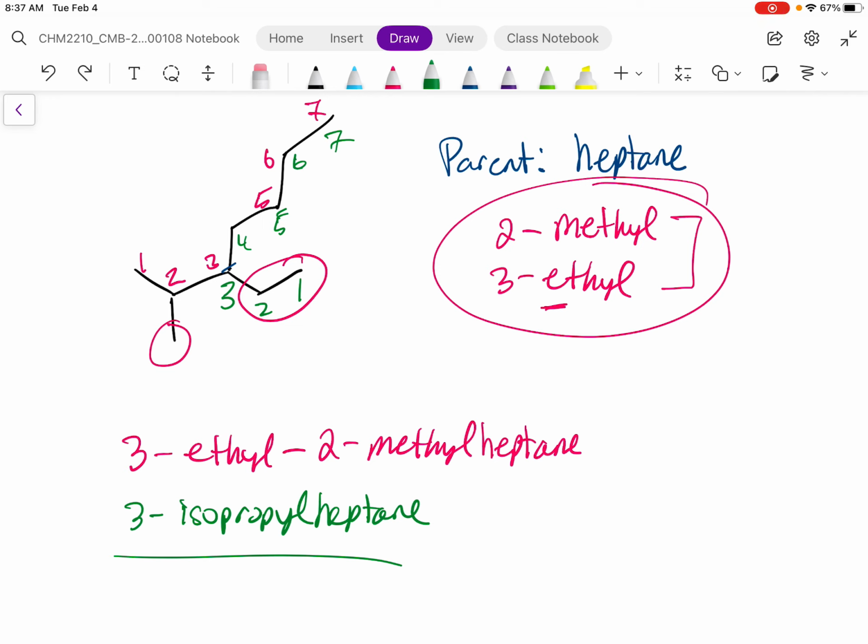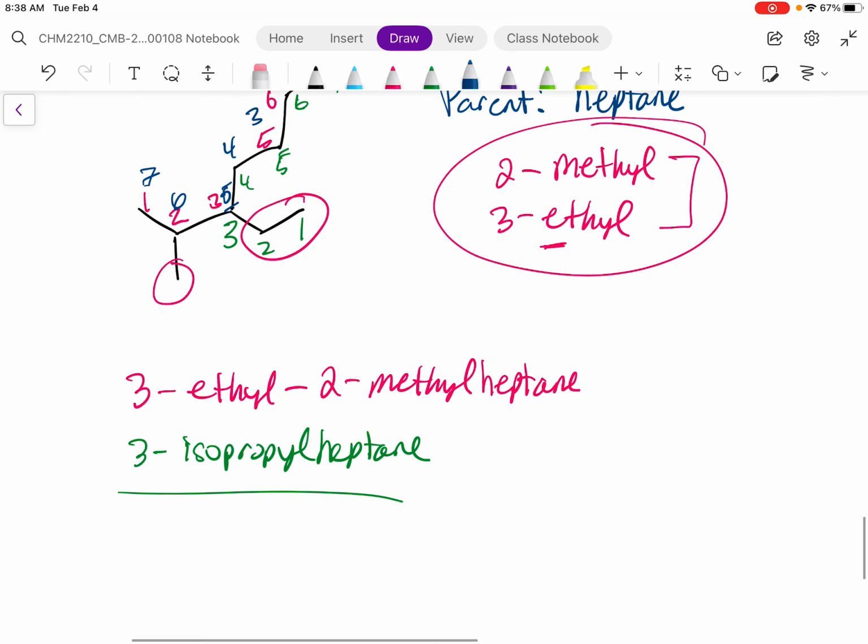Okay? What would another answer choice be? Let's see. What if I numbered it in that direction? 1, 2, 3, all the way down, 4, 5, 6, 7. So what would we have here? We would have an answer choice of 6-ethyl, 6-methyl.